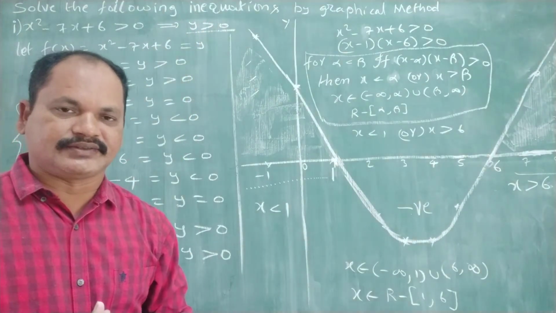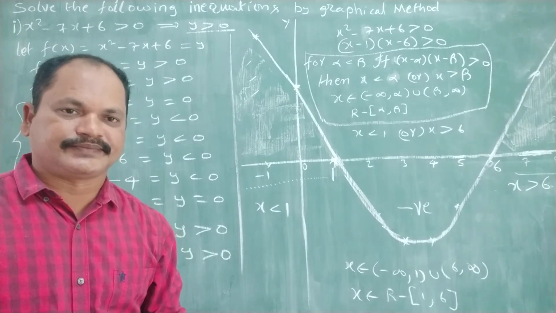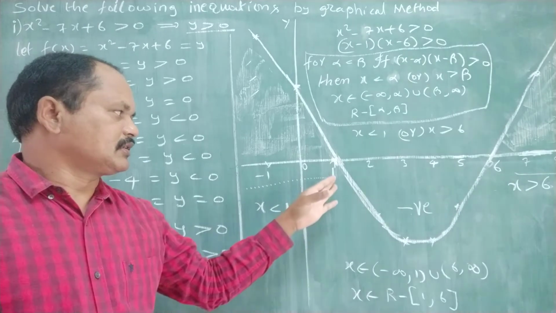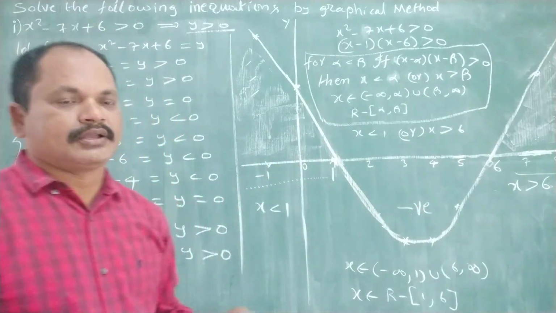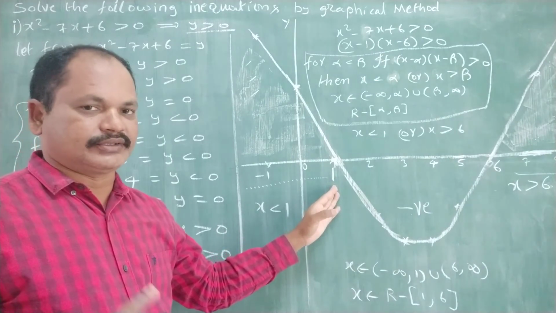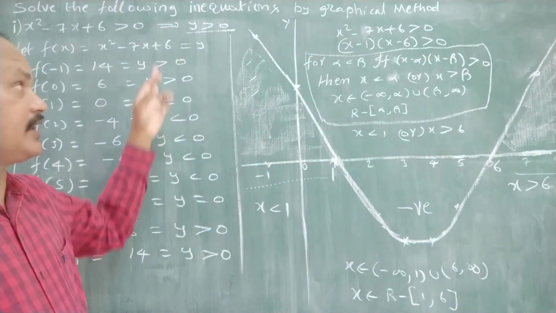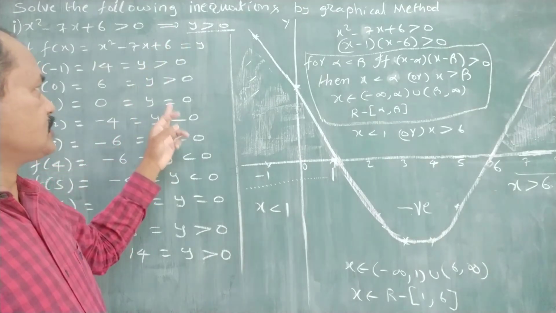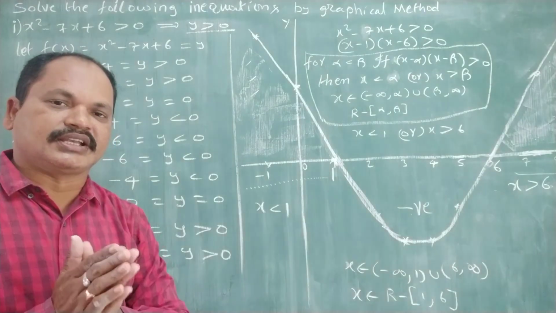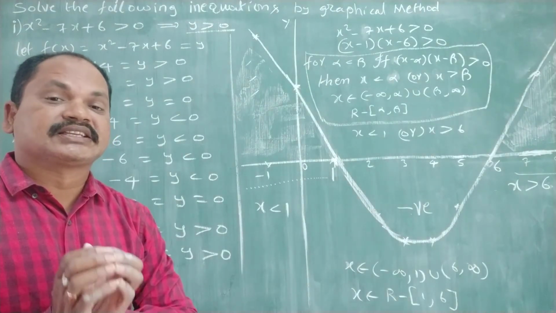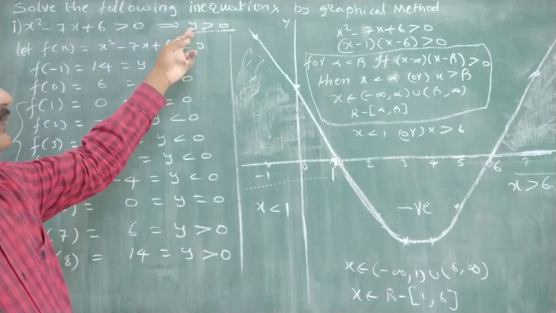So the set of values of x which are below 1 and above 6. Below 1, not 1, because at 1 it is 0. This is not satisfying the inequation. What is the inequation? Strictly y greater than 0.